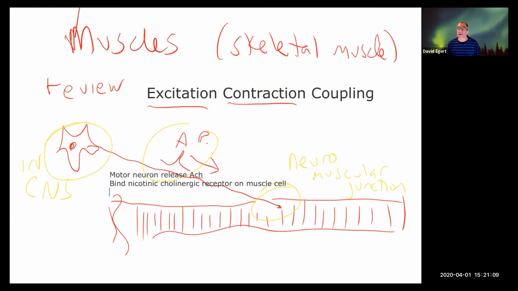And we talked about how the sarcolemma, the cell membrane of the muscle cell, is full of those voltage-gated sodium and potassium channels that we saw in the axon of a neuron. So if you have sodium coming in on the membrane, that's going to depolarize that part of the membrane, bring it above threshold, above minus 55 millivolts, which is then going to trigger an action potential across the entire sarcolemma.